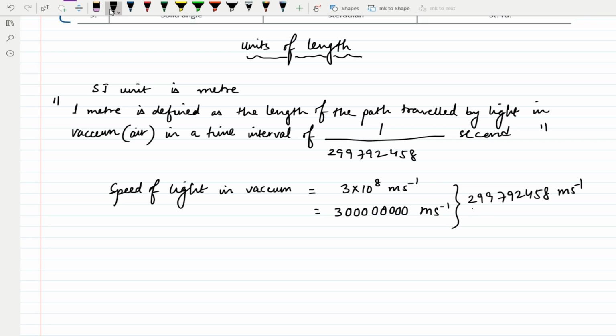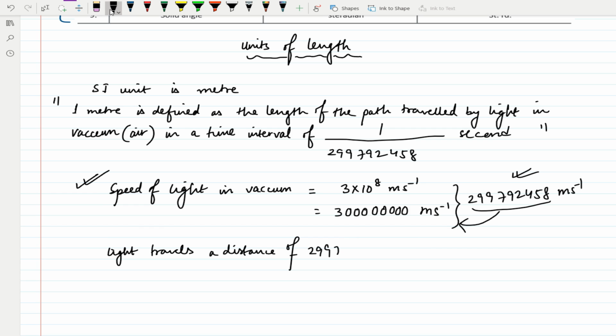What does this mean? It means that light travels a distance of 299,792,458 meters in 1 second.